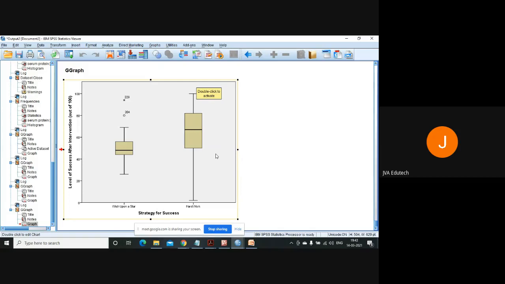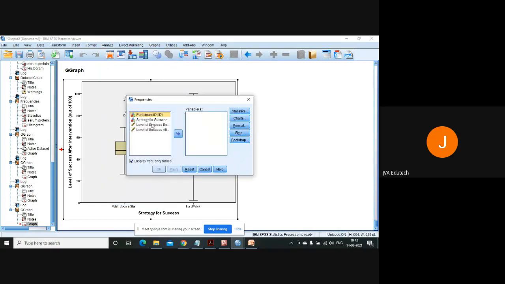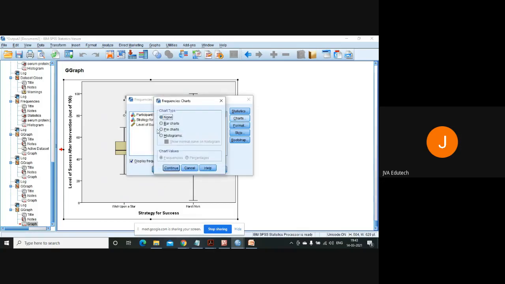So if you want to show a frequency distribution using charts, you can do it by box plots or other things. Normally when we plot frequency in terms of pie charts, we get the pie charts, but sometimes we want to label them. So I'm taking Descriptive Statistics, and in Frequencies I am taking, let's say, level of success, and in Charts I want to build.